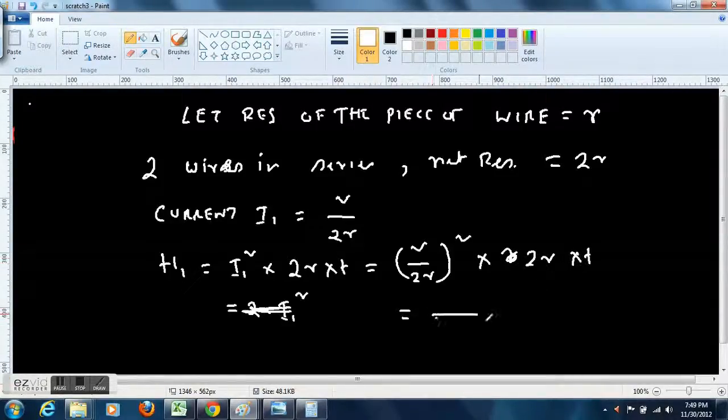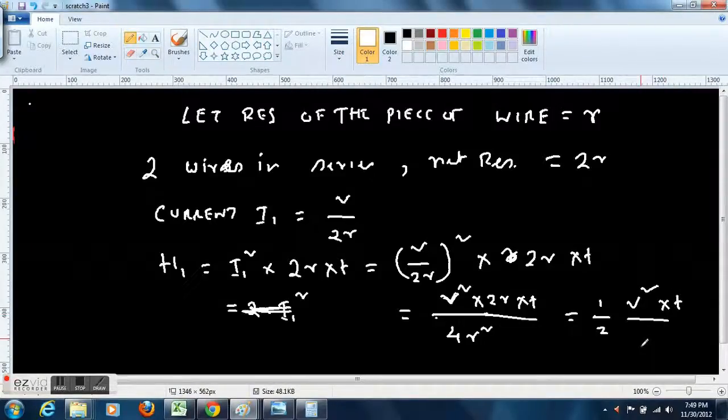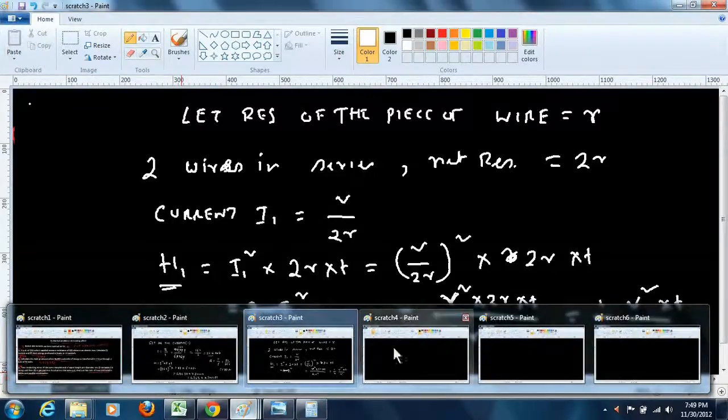So this is coming as, in the numerator we have V square into 2r into t, and in the denominator we have 4r square. So this is coming as 1 by 2 V square into t upon r. So this is the heat produced in the first case when the resistances are connected in series.